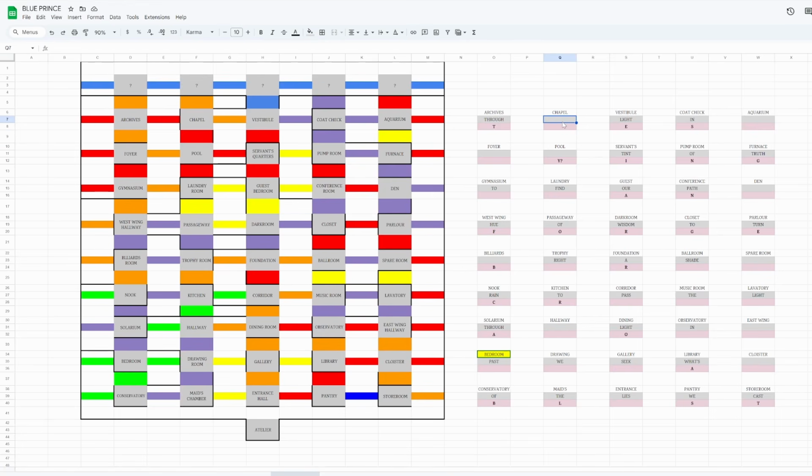Chapel is the letter H and the word lantern. Aquarium is the letter E and the word sketches. So the first word is these, and the sentence starts through lantern light in sketches. Okay, that's where we are.